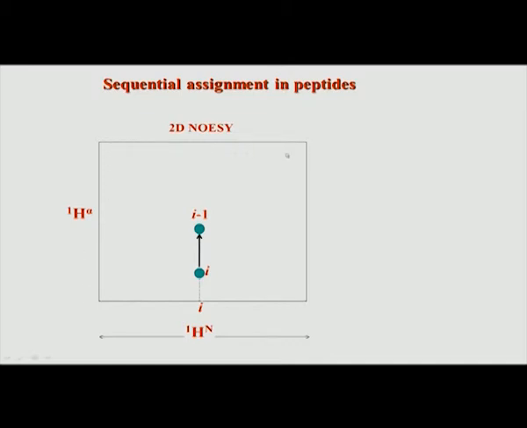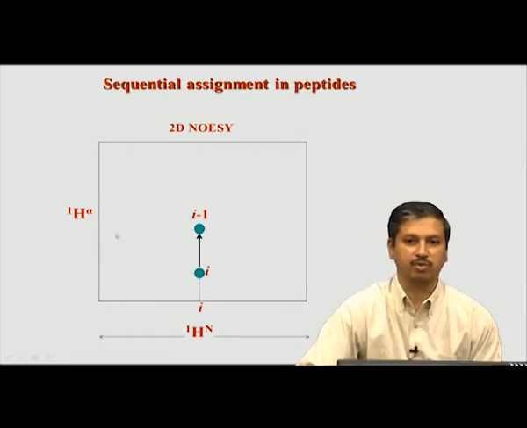The full spectrum will go from 0 to 10 ppm on both axes, but here we are only looking at the amide region, which is 7 to 10 ppm, and only at the alpha region, H alpha, which, if you recollect from the previous slide, comes somewhere between 3.5 to 5 ppm. So the region you are seeing on the y axis is only from 3.5 to 5 ppm.